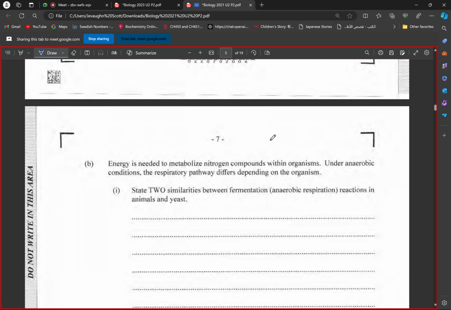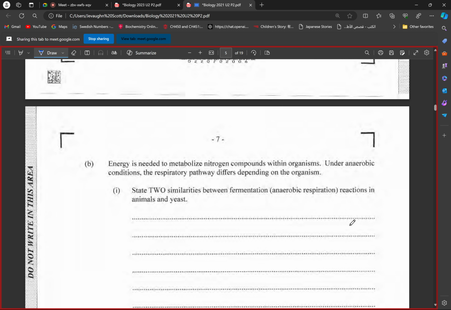Energy is needed to metabolize nitrogenous compounds within organisms. Under anaerobic conditions, the respiratory pathway differs depending on the organism. So take two similarities between fermentation reactions in animals and in yeast. There are two similarities. Both what? So both of them only involve glycolysis.